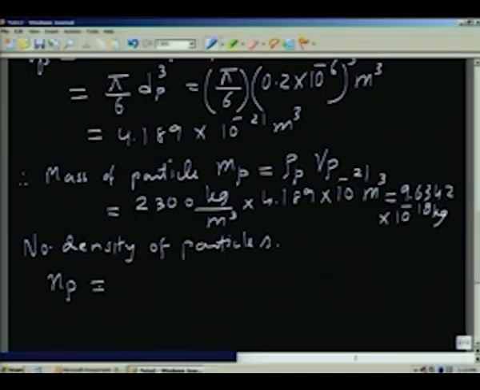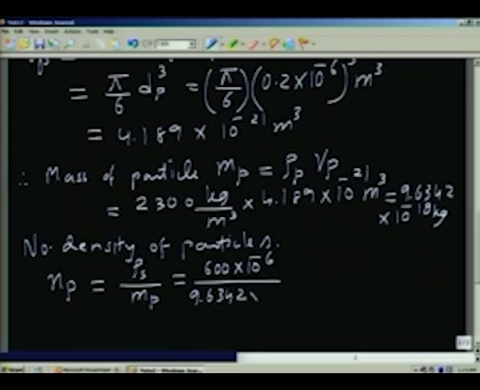The number of particles per cubic meter, that is the number density, is given by the density of the smoke divided by the mass per particle. So, this rho s is 600 into 10 to the power of minus 6 divided by what we found out just now, 9.6342 into 10 to the power of minus 18. This will give you a number density of 6.228 into 10 to the power of 13 per cubic meter.